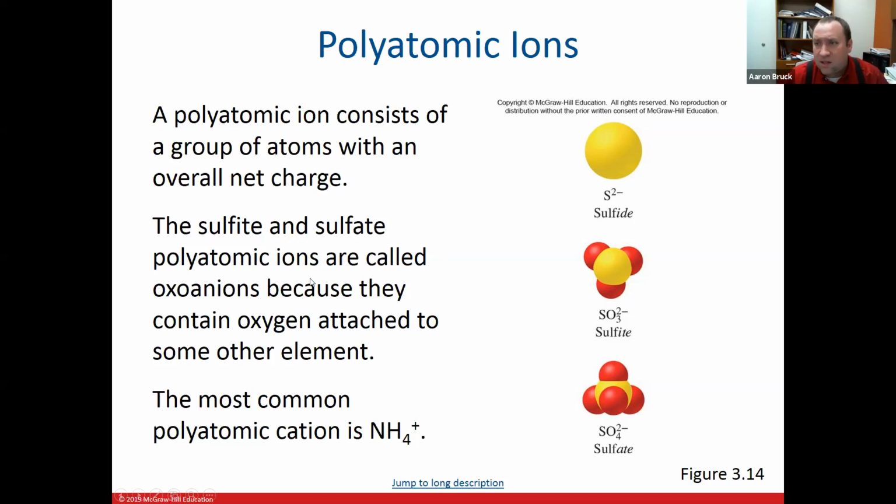Most of your polyatomic ions fall into a subgroup called oxoanions. Oxoanions have oxygen in them, and the naming structure of those oxoanions is directly related to how many oxygens are attached to that other atom.